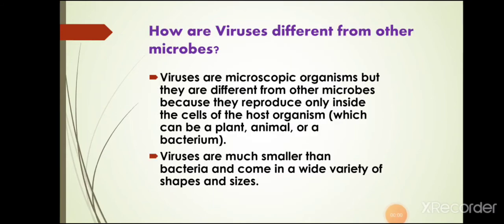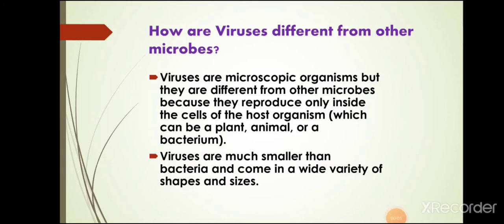Next topic is how are viruses different from other microbes. So what are viruses? Viruses are microscopic and the most primitive organisms known to man, and they show the characteristics of living as well as non-living beings. They are so small that we cannot see them with a light microscope, so we have to use an electron microscope, through which viruses are visible. Viruses do not have a cellular structure like other organisms.